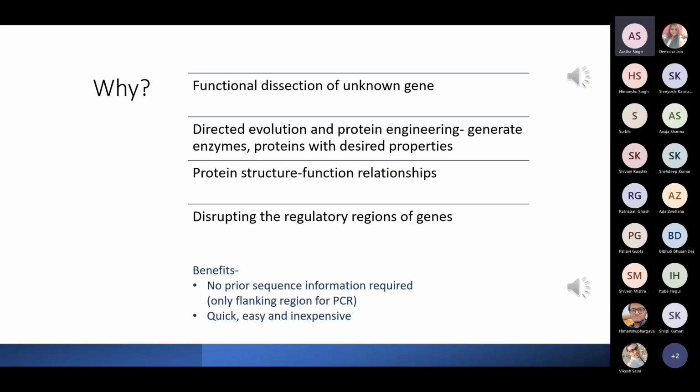So if we have some sequence and we don't know its function, the best way is to create mutations in it so as to disrupt the sequence, which will eventually lead to a loss of function in that gene, and this loss of function can then be screened and the functionality of the sequence can be assigned. Otherwise, it is also very useful in directed evolution and protein engineering in order to generate enzymes or proteins with desired properties.